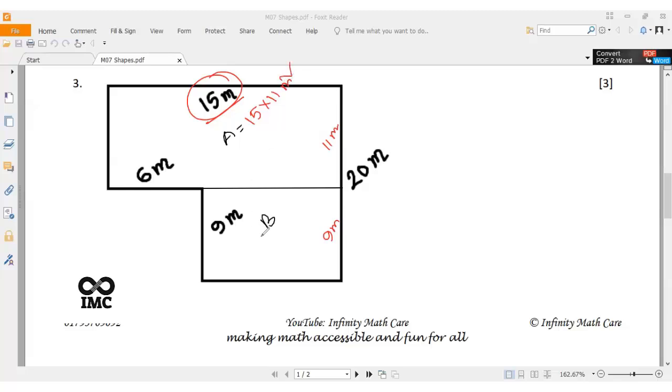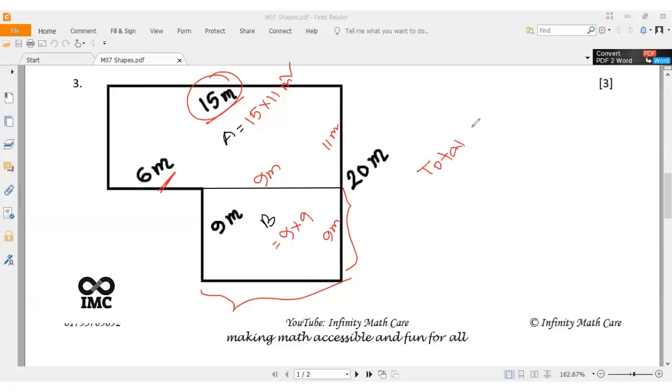And for B, we need to find out length into breadth. We can easily find out this one. This one is 9. Then what is the measurement of this one? Look, total length is 15. So this part is 6. So it must be 9. 6 plus 9 will be 15. So area of rectangle B will be 9 multiplied by 9.